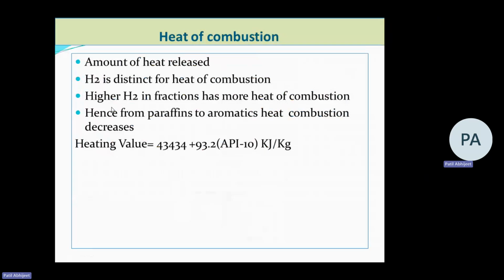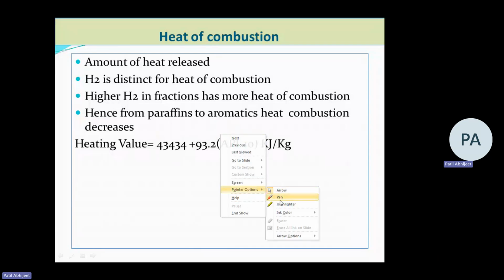The heating value, or the heat of combustion, for a particular petroleum fraction or crude oil is calculated using this empirical equation. Heating value is equal to 4.34 into 10 raised to 4 plus 93.2 into API minus 10. That will come in terms of kilojoule per kg.